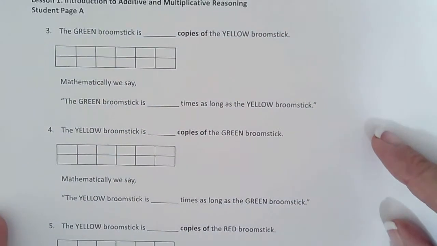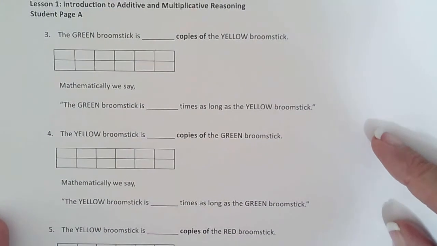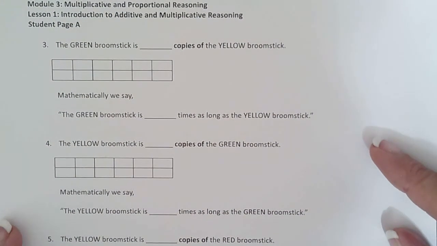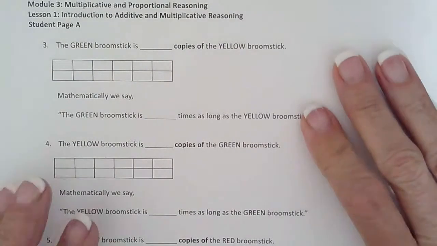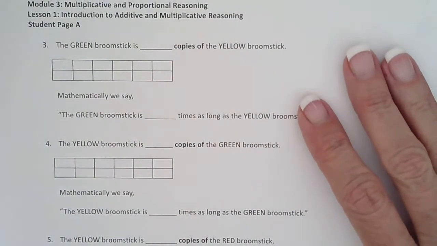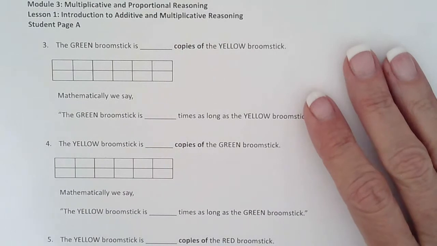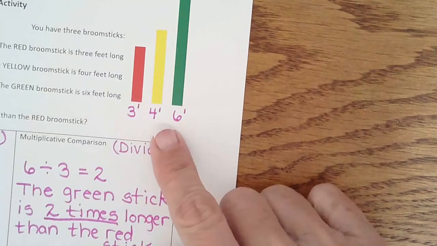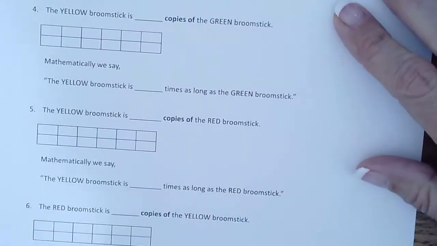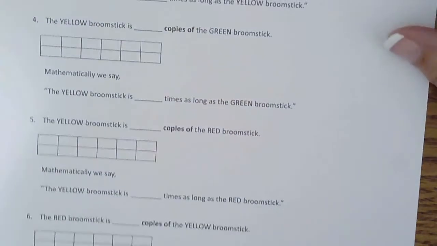Okay, so let's take a look at this first one on page 2. So this is Module 3, Lesson 1. We're on page 2. So let's go ahead and put our key over here from the other page. Red was 3, yellow 4, green 6. So we can write that over here so we have it.